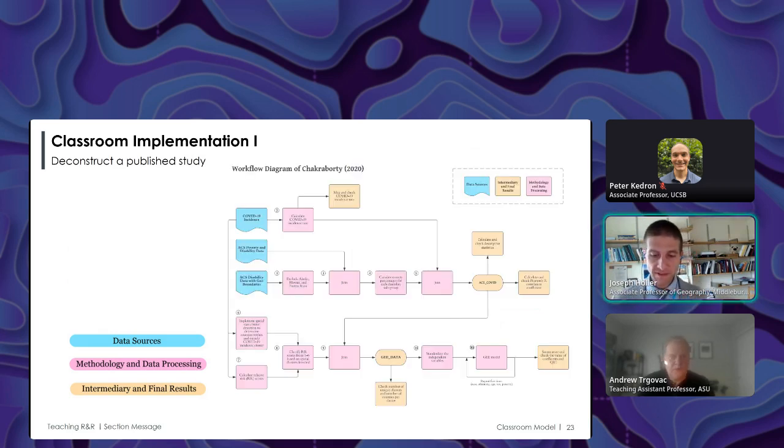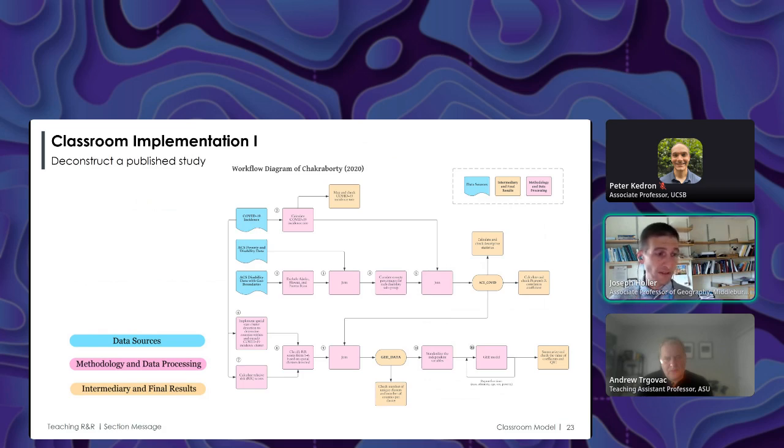Once we have spent time dissecting the manuscript, then we try to draw a workflow diagram that looks much like a visual programming graphic workflow that you would use in desktop GIS software, that illustrates the entire study design, and also highlights, using the same color coding, yellow for intermediary and final results, any of the products or tables or statistics embedded in the text or in the figures of the manuscript that you can use to check your results as you go along when you're implementing the reproduction study.